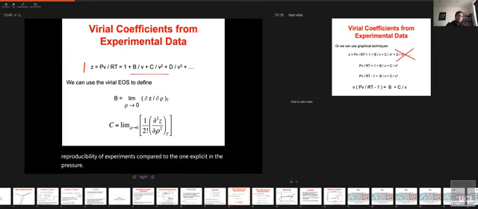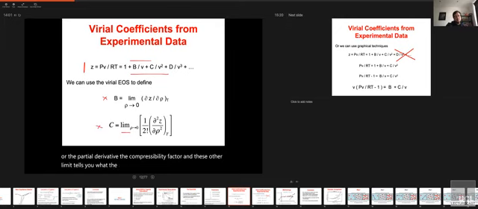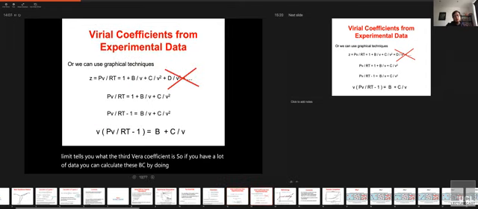But anyway, if you look at this equation, you can see that the B parameter is the limit, for the density that goes to zero, of the partial derivative of the compressibility factor, and this other limit tells you what the third virial coefficient is. So if you have a lot of data, you can calculate these B and C by doing the differentiations.